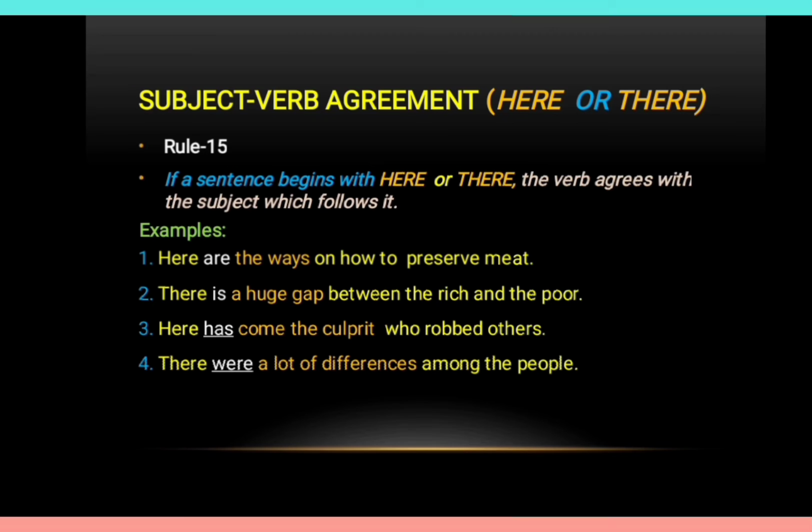According to our statement, the verb agrees with the subject which follows it. So these are the examples and fundamental construction of rule number 15, which is also a very important rule of subject-verb agreement.